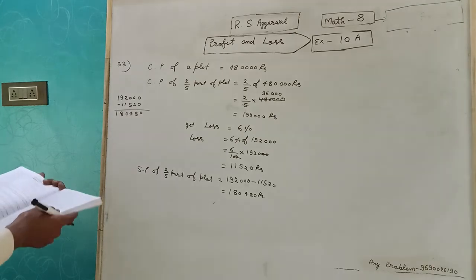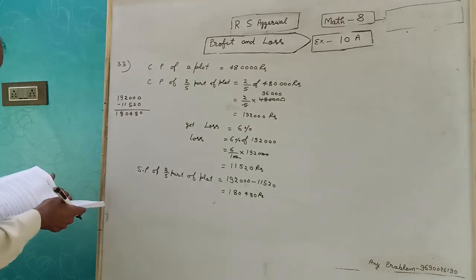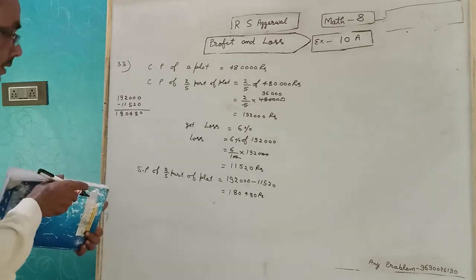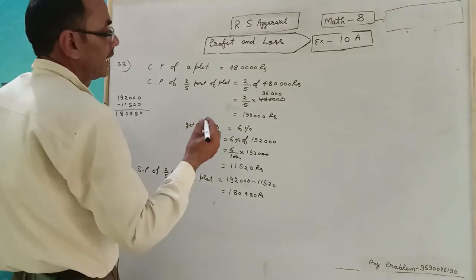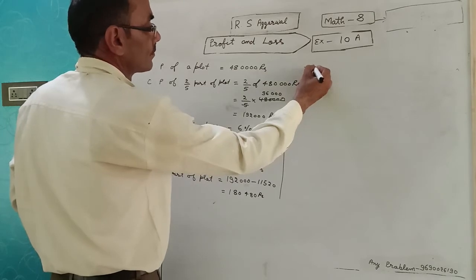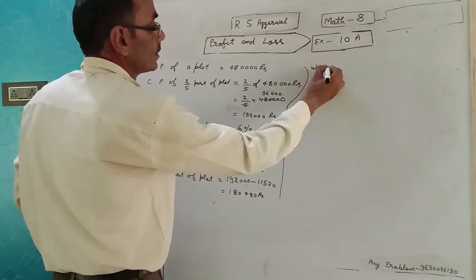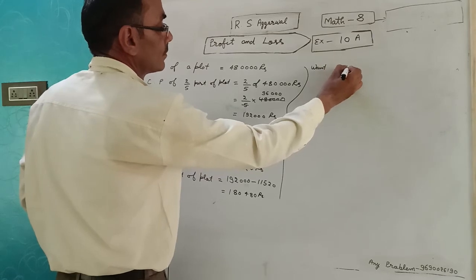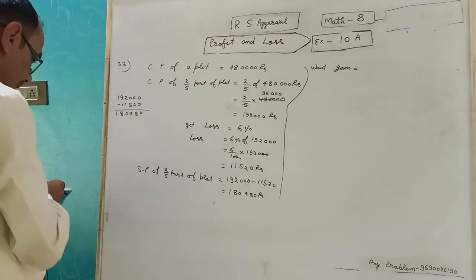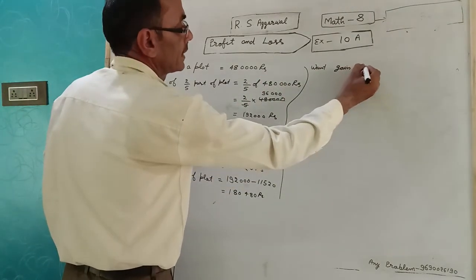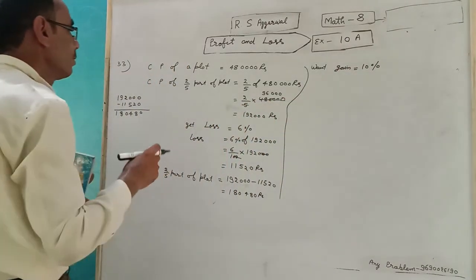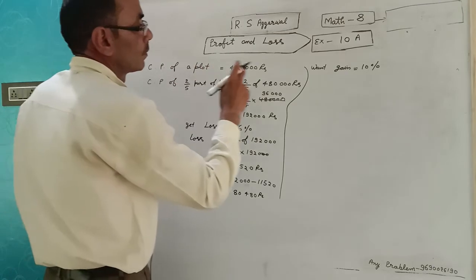What gain percent should the remaining part of the plot be sold at to gain 10% on all? Ahmad wants to gain 10% on the whole plot.